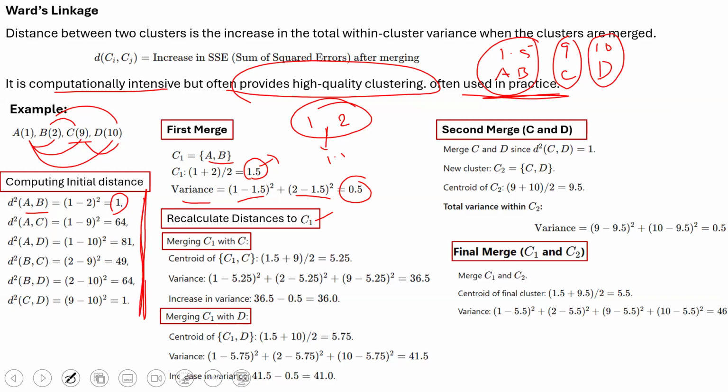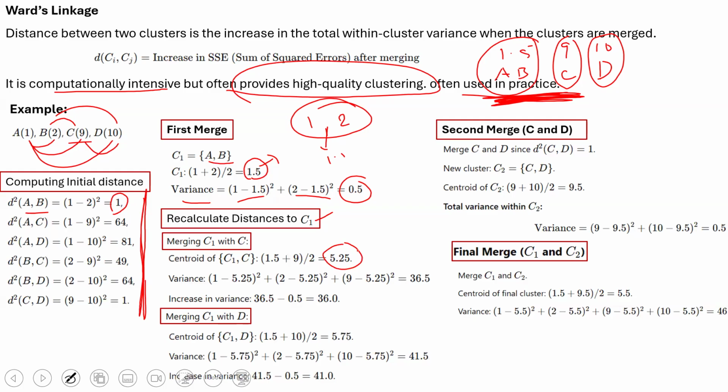Now, when you calculate the variances, how do you calculate the variance between the points? When you merge A, B, and C, what is the increase in the variance? When you merge these two, the centroid will become 1.5 plus 9 by 2, which is 5.25. And then from this centroid, you calculate the distance of all the points.